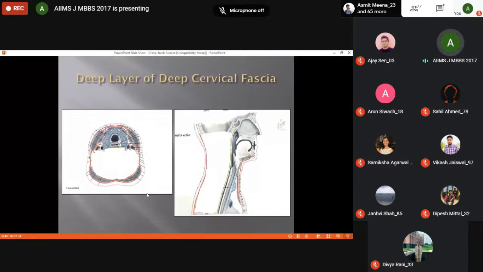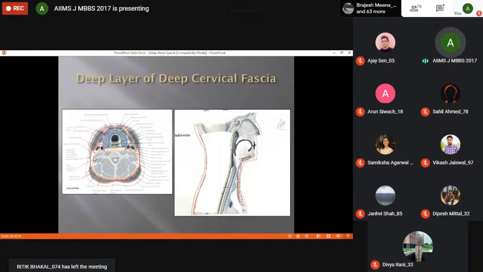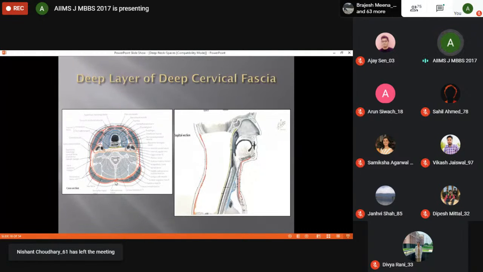This is the deep layer. As you can all see, this is the layer which covers the prevertebral muscles. At this area, it covers all the deep muscles of the neck, the prevertebral muscles. But at this area, it splits into two. The posterior part is the prevertebral layer, and the anterior part is the alar layer. Both layers are actually part of the deep layer of deep cervical fascia.